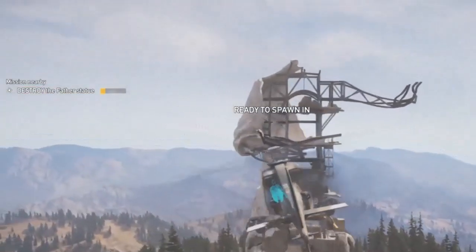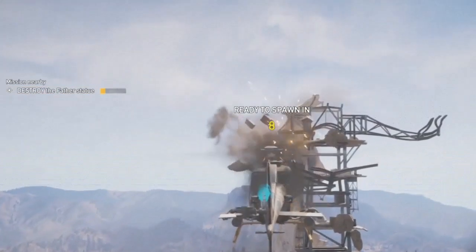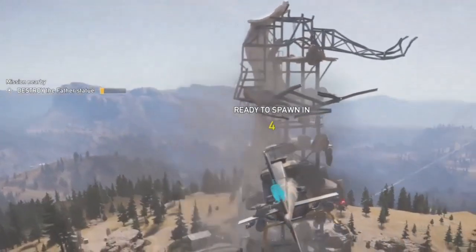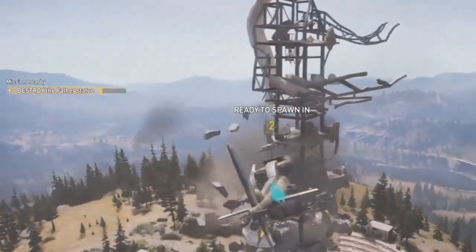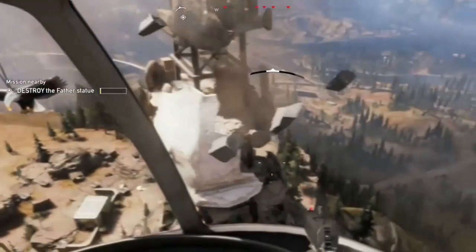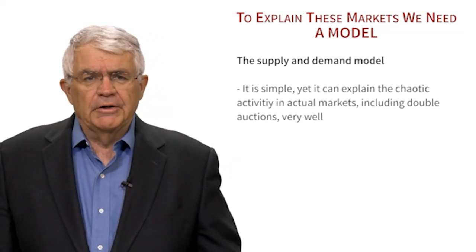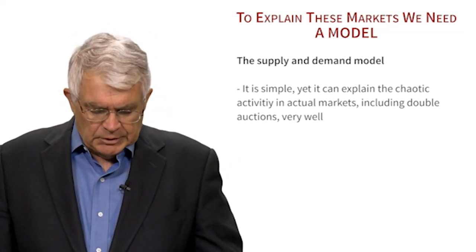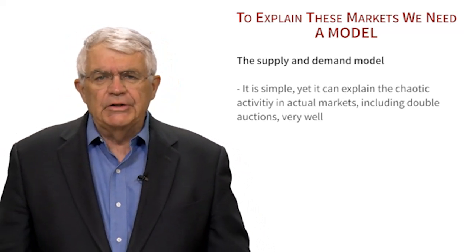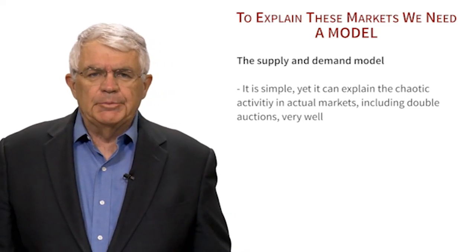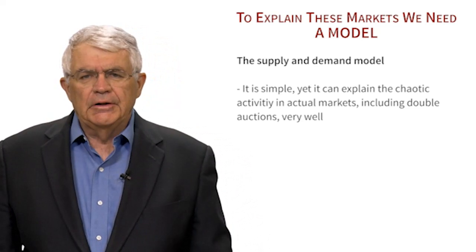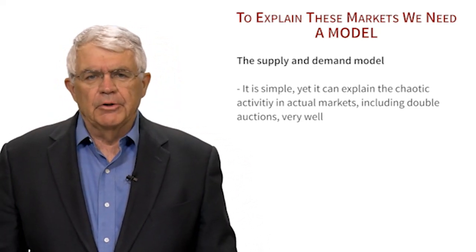So when I talk about the supply and demand model, I emphasize the word model. It really is a theory, a way to describe in some detail the data, to make predictions and to interpret what's going on. In my view, the supply and demand model is really pretty remarkable. It's simple, it's pretty easy to understand once you get into it, and it can explain what looks like completely chaotic activity in auction markets or just in everyday markets.